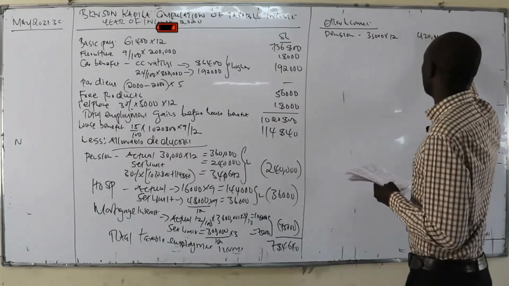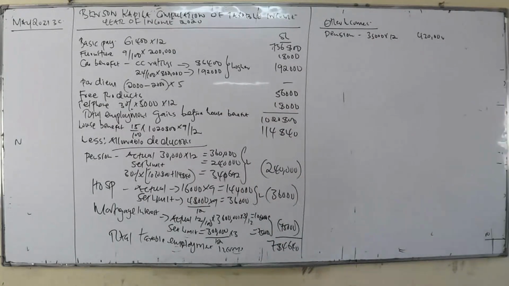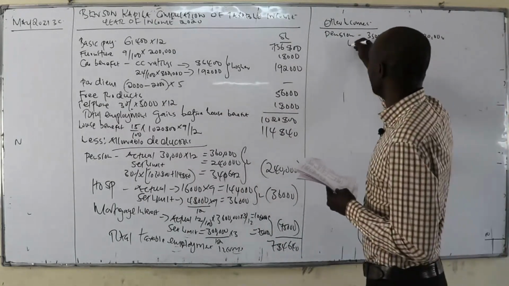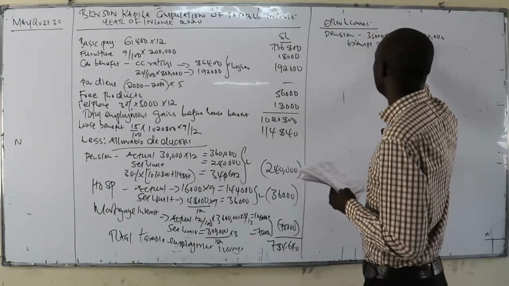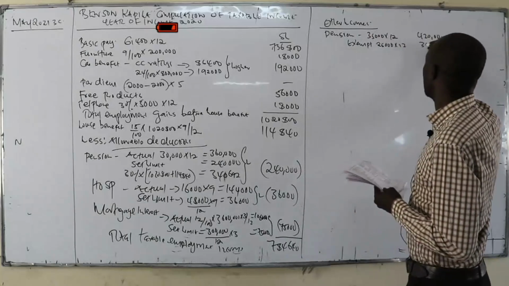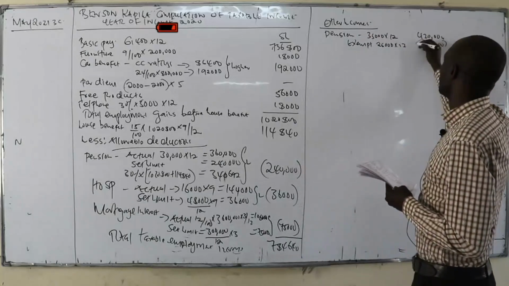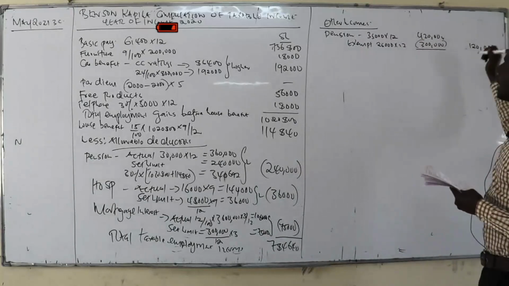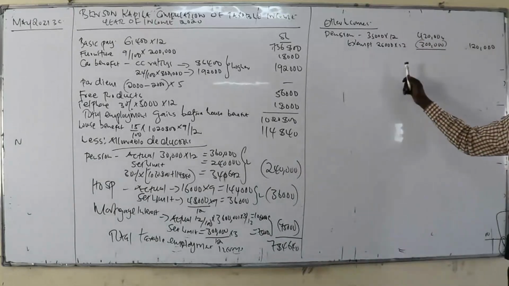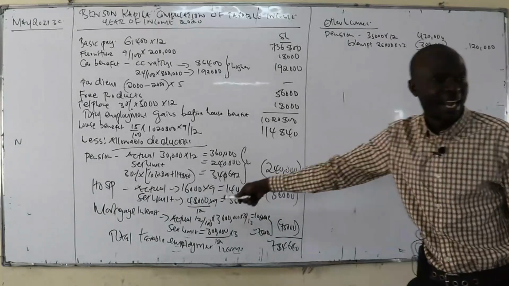And then we said when you are receiving pension in form of annuities, annuities is a regular payment, you exempt. Exempt is 25,000 per month times 12, which is 300,000. So the amount that will be taxed is how much? 120,000.